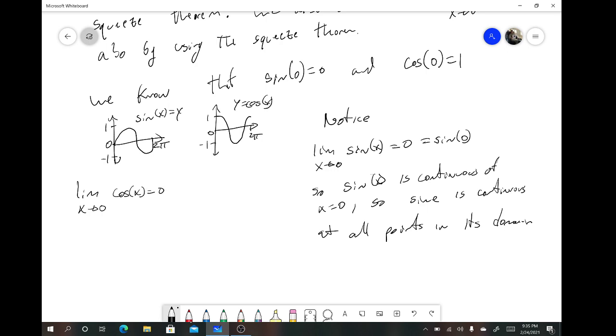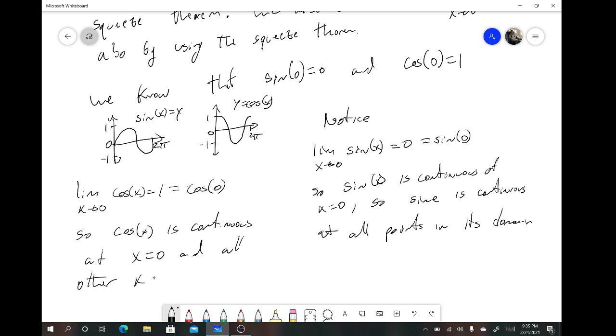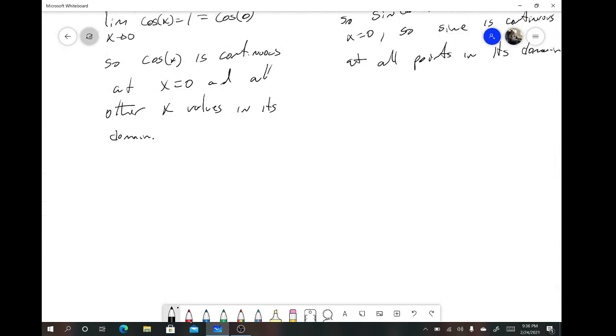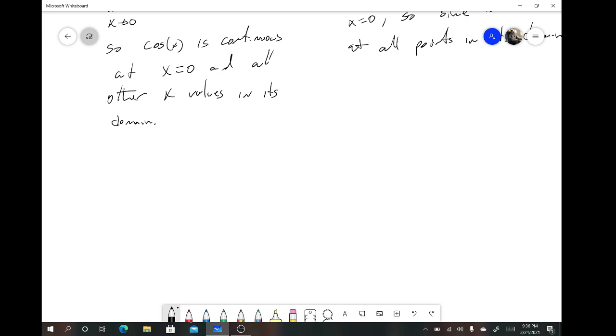Similarly, for cosine, the limit is equal to 1, and that is the same thing as cosine of 0. So cosine of x is continuous also at x equals 0 and all other x's in its domain. So both sine and cosine are continuous on the interval minus infinity to infinity. And this is actually a very nice and useful thing to know.